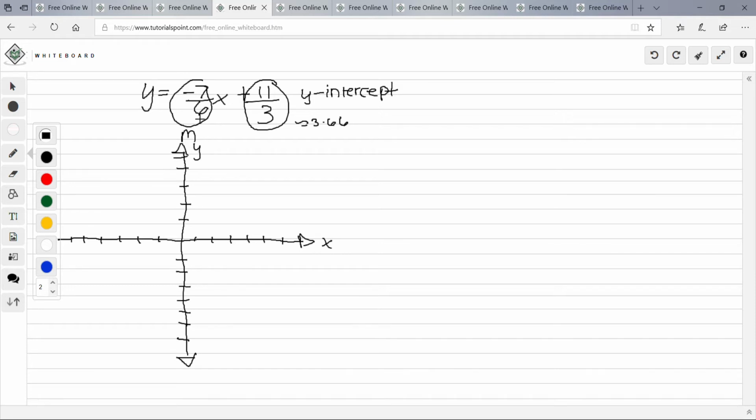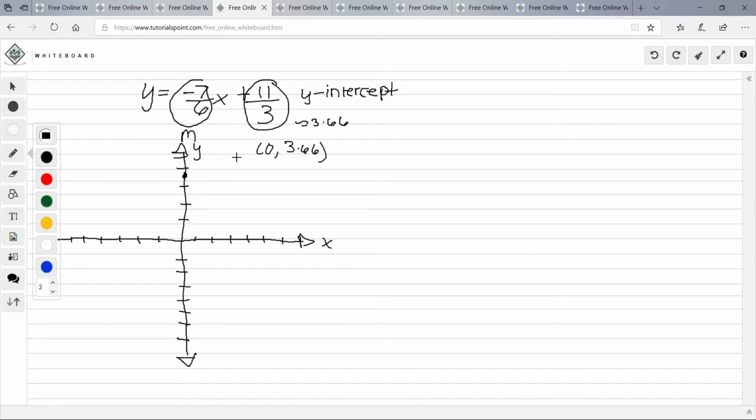The first way is you start at the y-intercept, which is 11/3, which is about 3.66. Our y-intercept is (0, 3.66). So here's 1, 2, 3. 3.6 is about right here, a little bit over, like half a line.